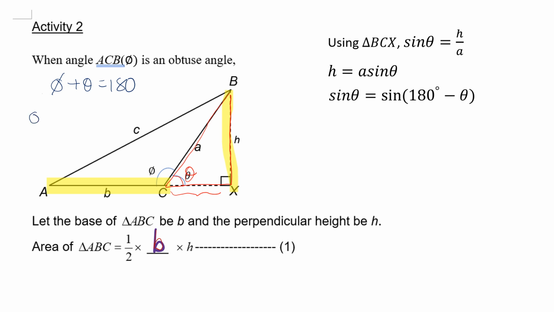Therefore phi is 180 minus theta. So if you replace your 180 degrees minus theta with phi, you'll see that sine theta is actually equal to sine phi. Okay, this is one way of explaining it.